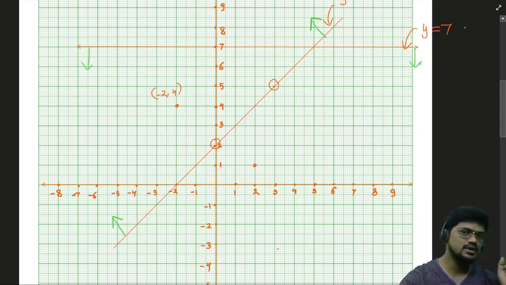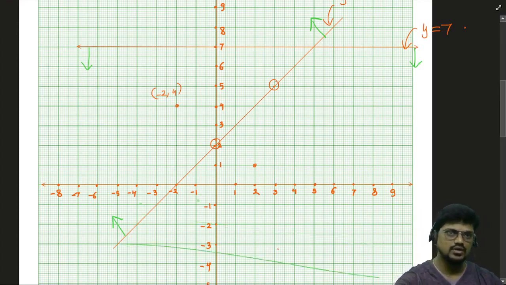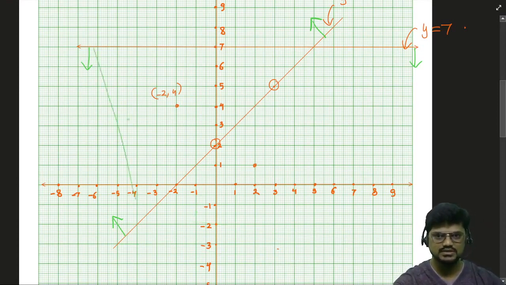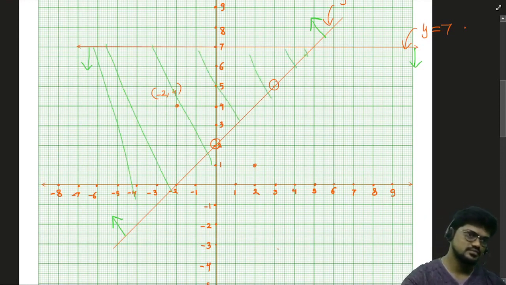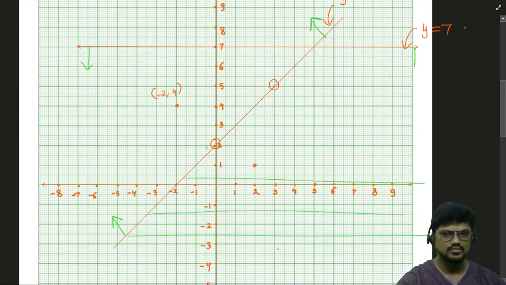Now what will be the common region? The common region will be this. Wait, not this. The above and below, no? So the common region will be this. Are you getting it? Yeah, but we have to shade the unwanted region. So you can shade this with inclined lines.